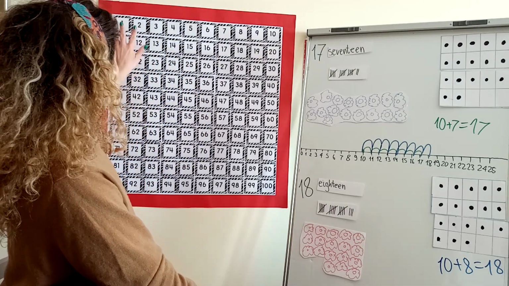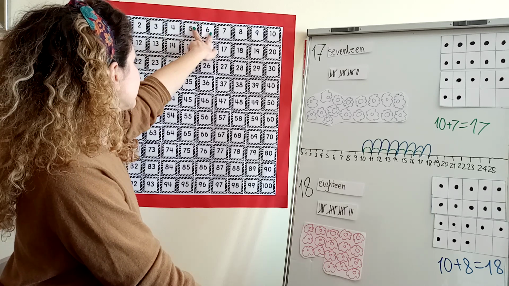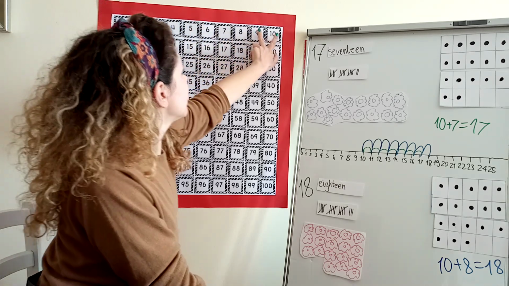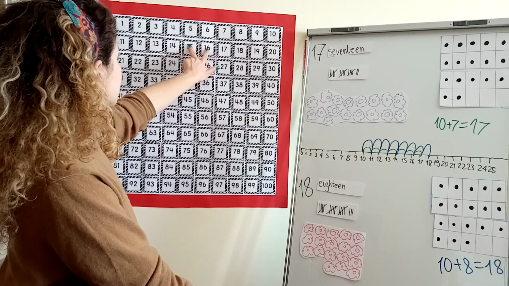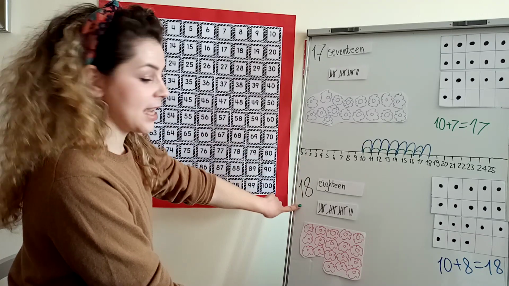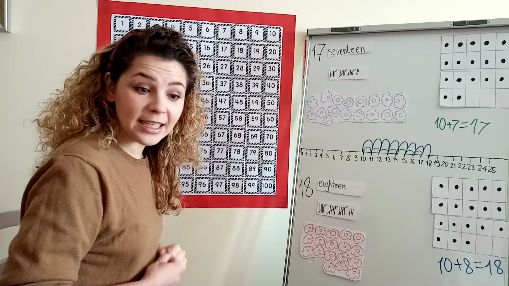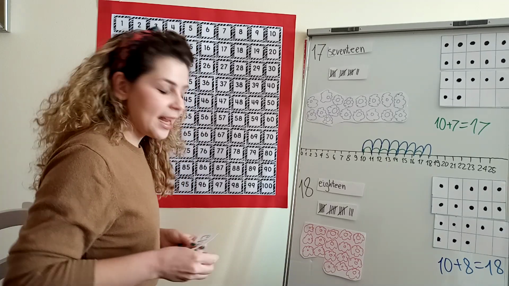So let's see. 2, 4, 6, 8, 10, 12, 14, 16, 18. I've mentioned 18 when counting by twos, so 18 seems to be an even number.